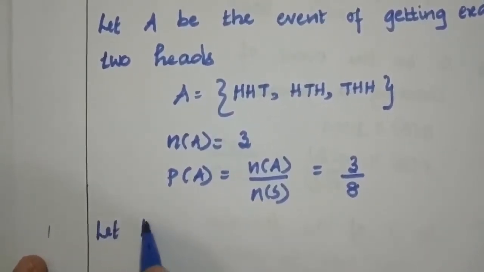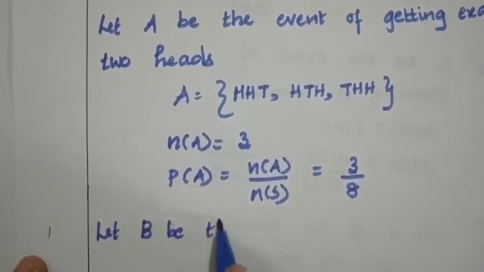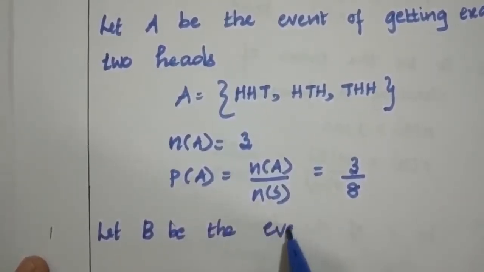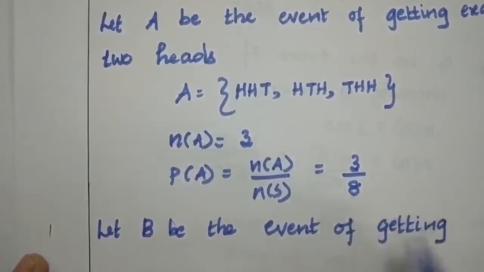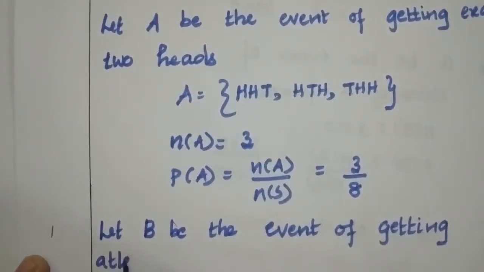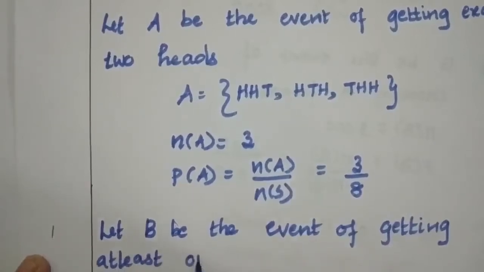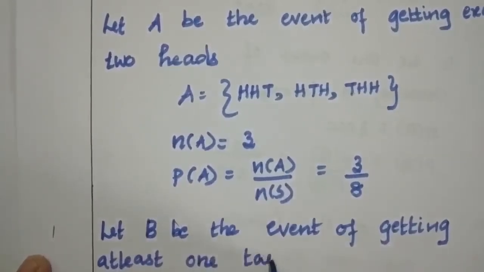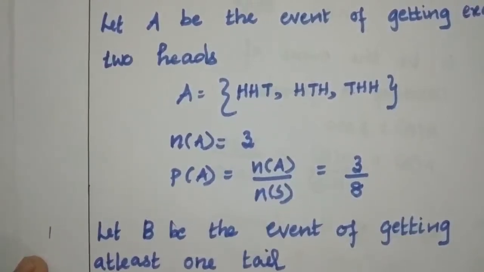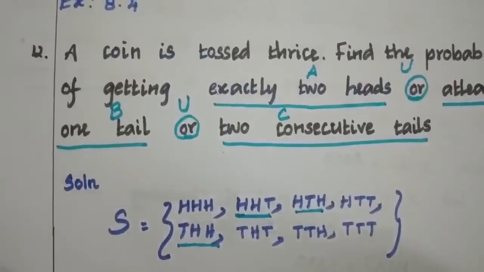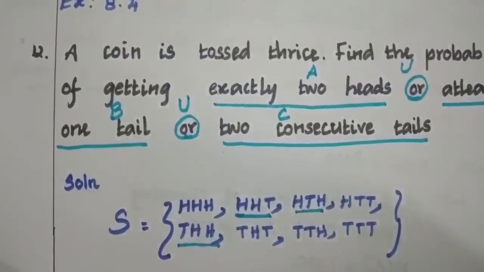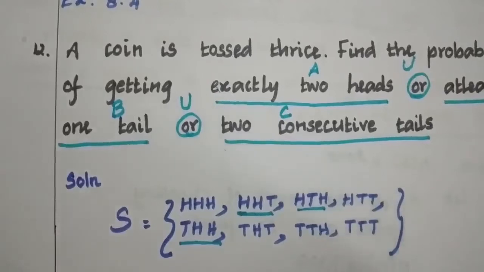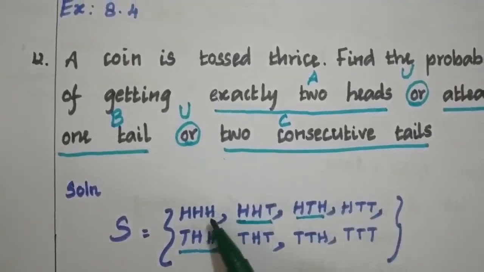So what's the next event? Yes, let B be the event of getting at least 1 tail. Look at this sample space. Now we are going to select the sample points that have at least 1 tail.